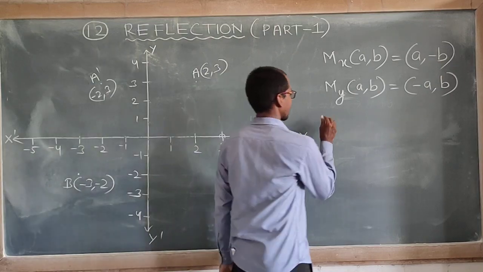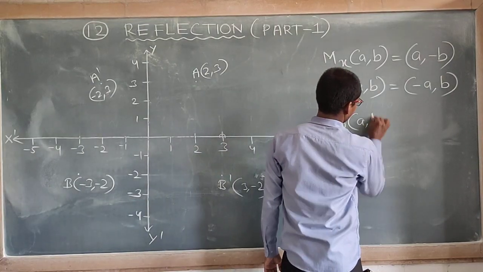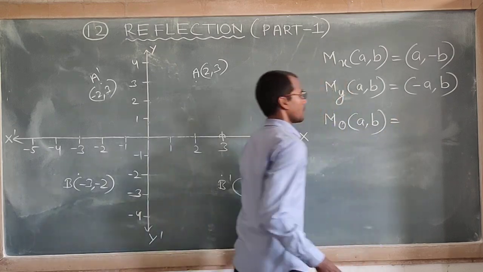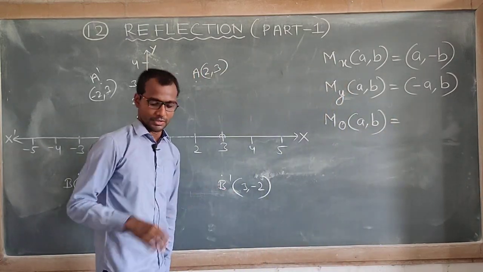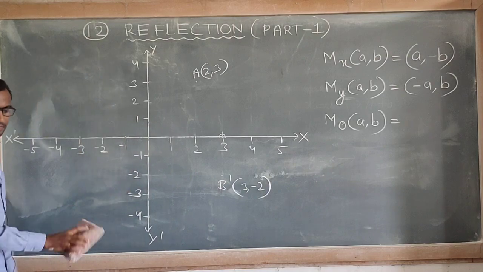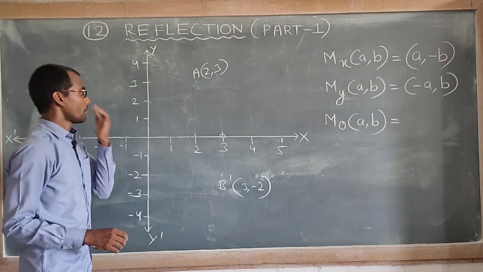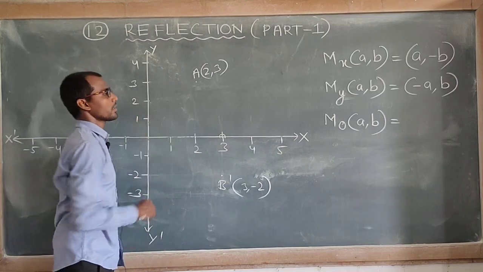Now let us go for the origin. What will happen if we reflect a point in the origin? Let us take this point A, 2, 3. We will reflect this point A in the origin.